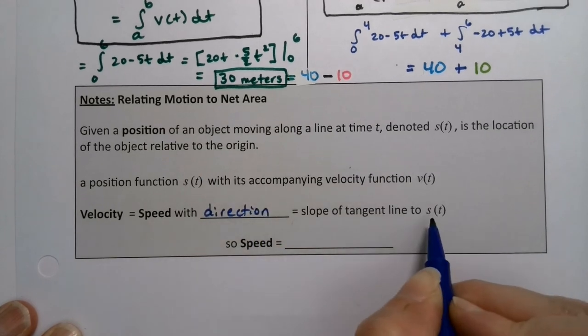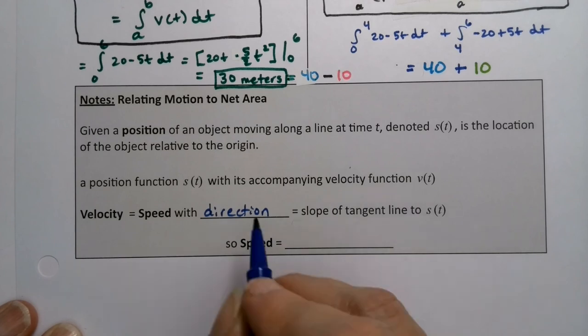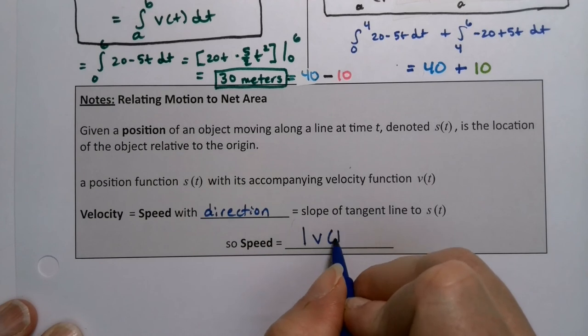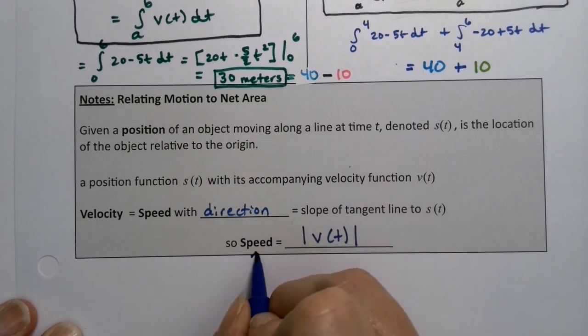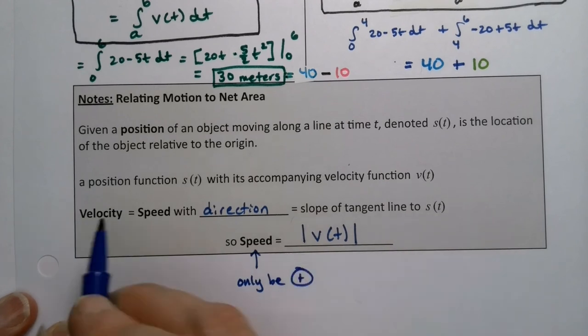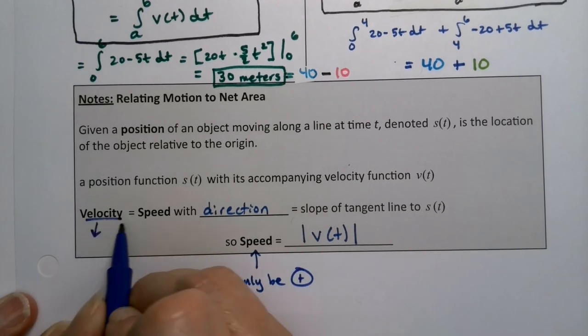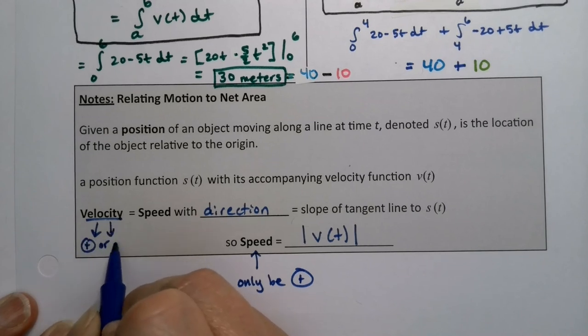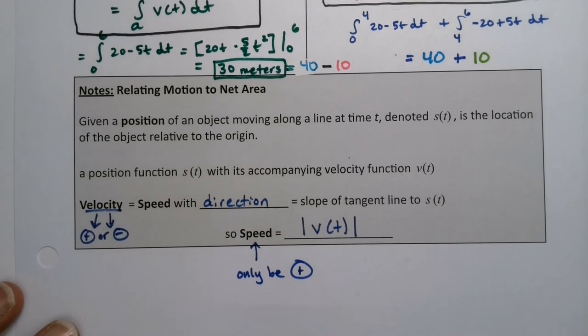It's the slope of the tangent line to position. And speed is the absolute value of velocity. Speed can only be positive. Velocity can be positive or negative, depending on what direction you're going.